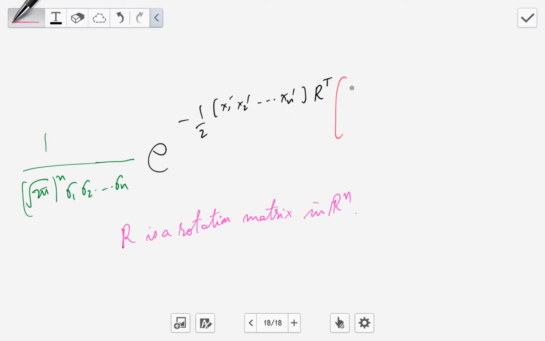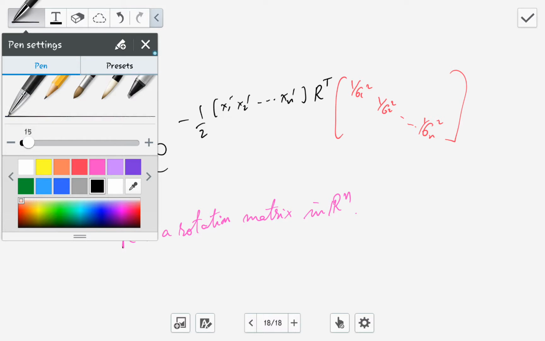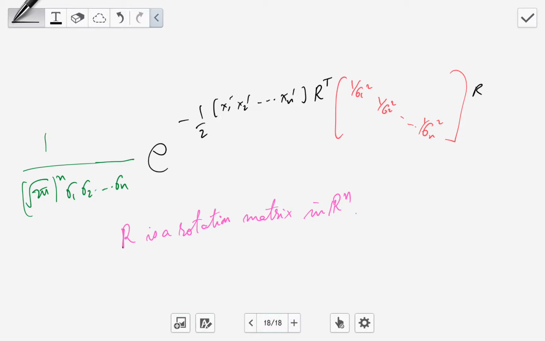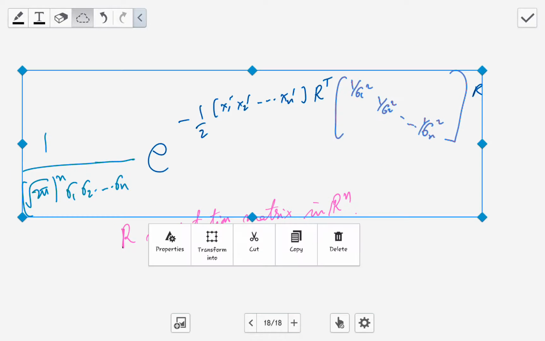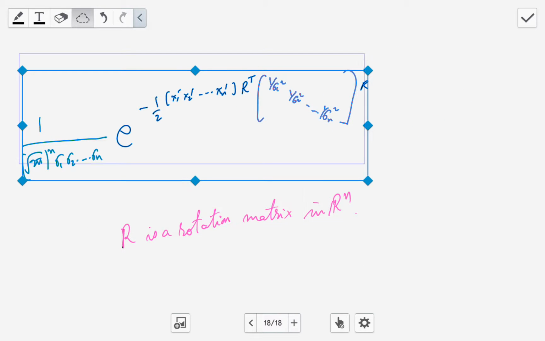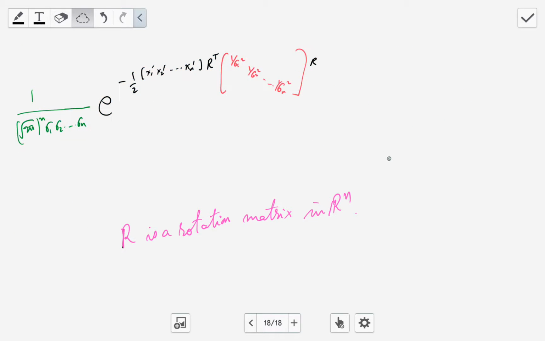Then I have 1 by sigma 1 squared, 1 by sigma 2 squared, and so on up to 1 by sigma n squared. And then there will be this R, and after that the column vector x1 dash, x2 dash, up to xn dash.